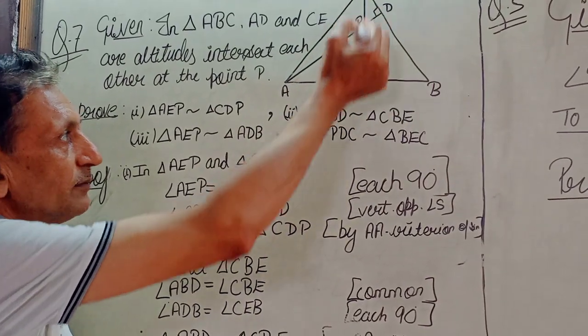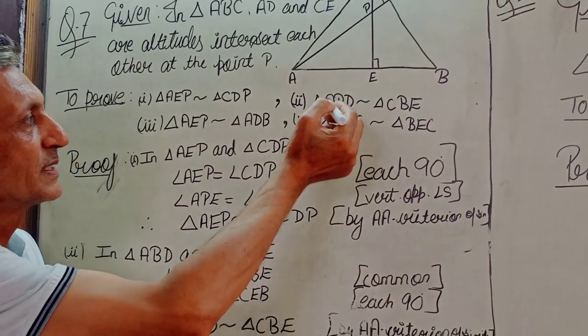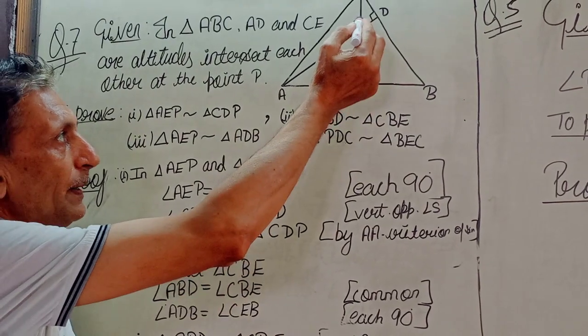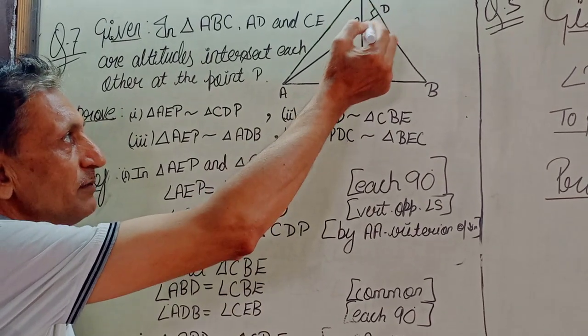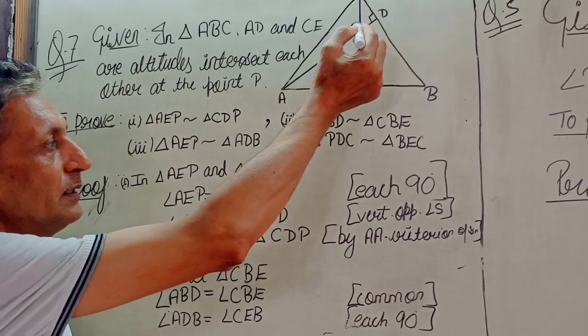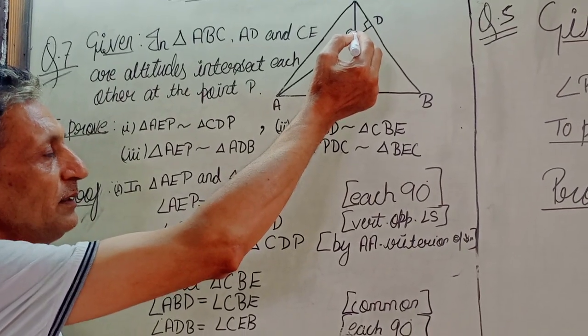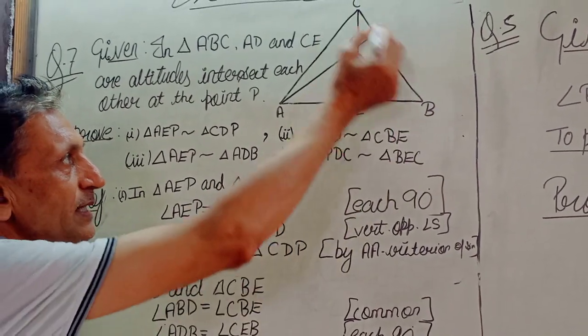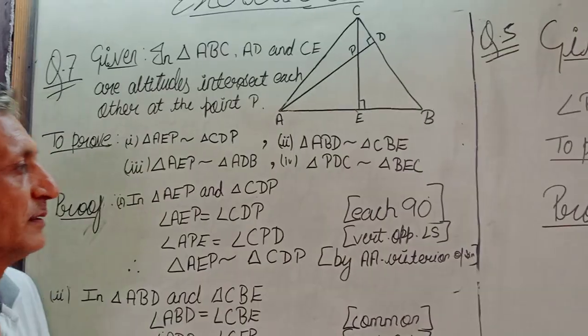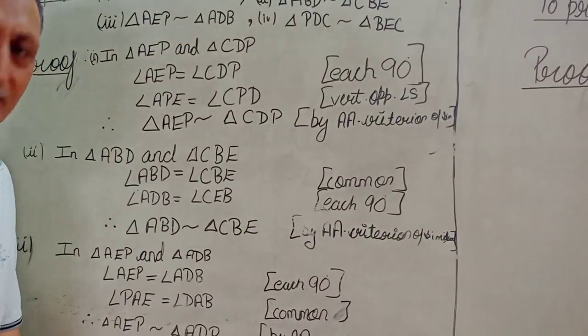And then of course, triangle PDC, the smaller one, is similar to triangle BEC. Let's take them up one by one.